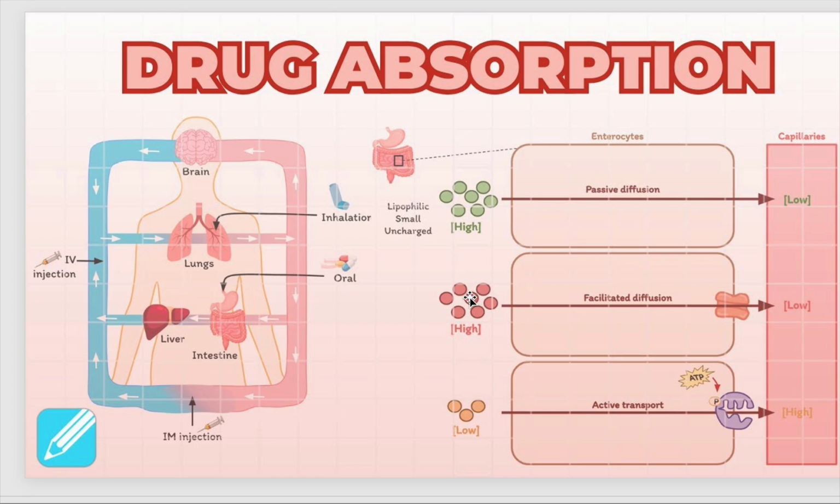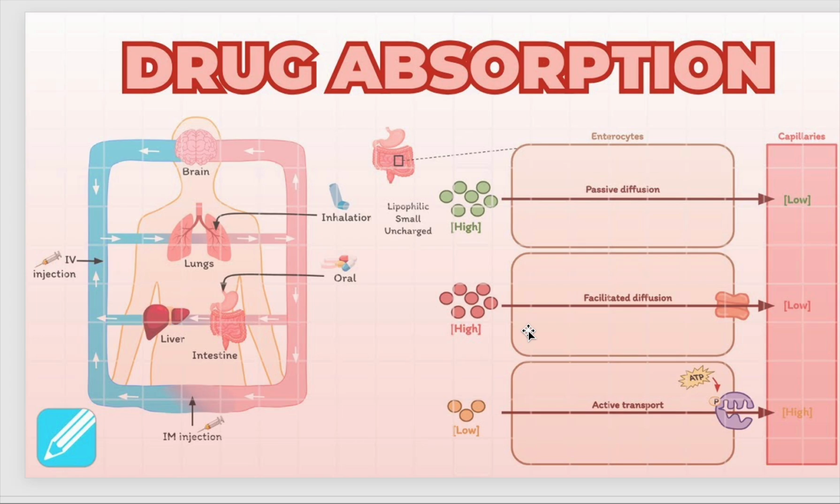In the case of hydrophilic molecules, not exactly very large molecules, but some molecules that are comparatively hydrophilic, they are also diffused via facilitated diffusion. This also does not require ATP.